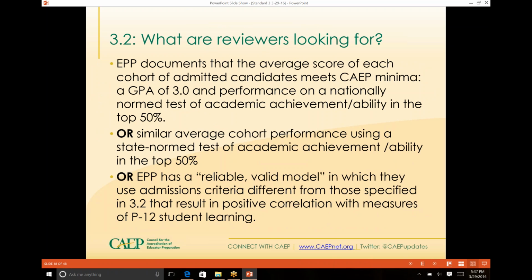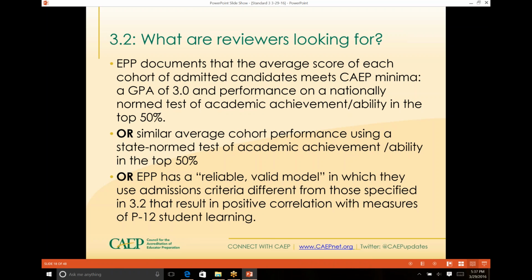So this is basically, what are the reviewers looking for? They're going to look that you're reporting the average scores on GPA and performance on those tests, or that you've got a similar performance if you're using a state test, or that you've got your own model that you're presenting that also shows positive correlations with P12 student learning.